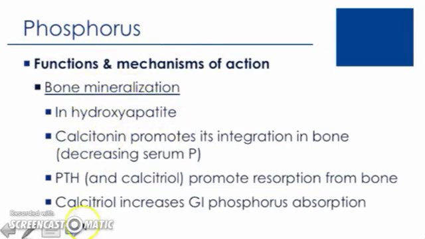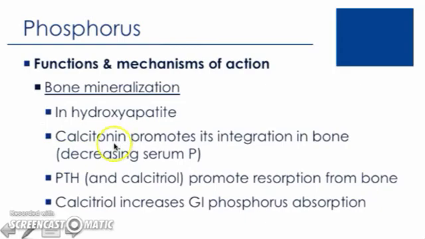We see the different compounds affecting the entry of phosphorus in bone, or the resorption or demineralization of bone, then freeing phosphorus into circulation. It's interesting that the effect of these compounds, calcitonin, PTH, and calcitriol, on phosphorus is very similar to what we saw as it relates to calcium.